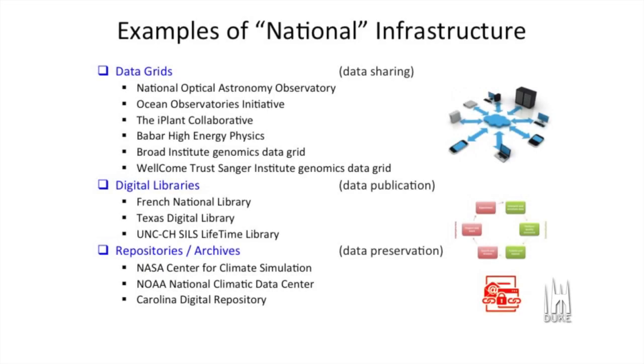There are, in effect, three major categories of types of applications we see out there. There are groups that just want to facilitate sharing of data, management of data that they're creating in one place, they want to store in another, they want to access from a third. This National Optical Astronomy Observatory is a nice case.